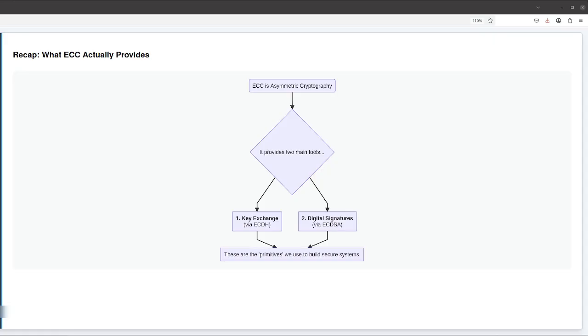First, key exchange, through the ECDH protocol, which allows two parties to establish a shared secret. And second, digital signatures, through the ECDSA protocol, which allows someone to prove their identity and the integrity of a message. These two tools are the building blocks we use to construct secure systems.